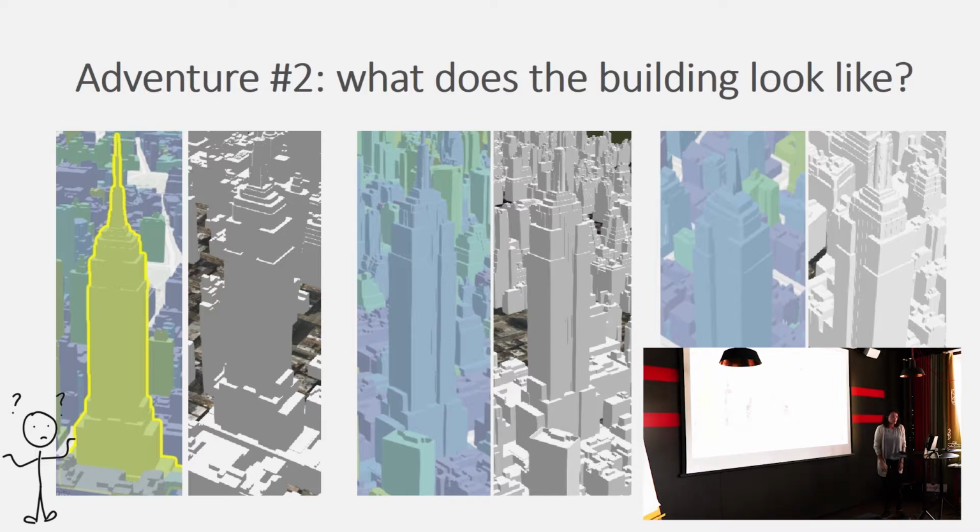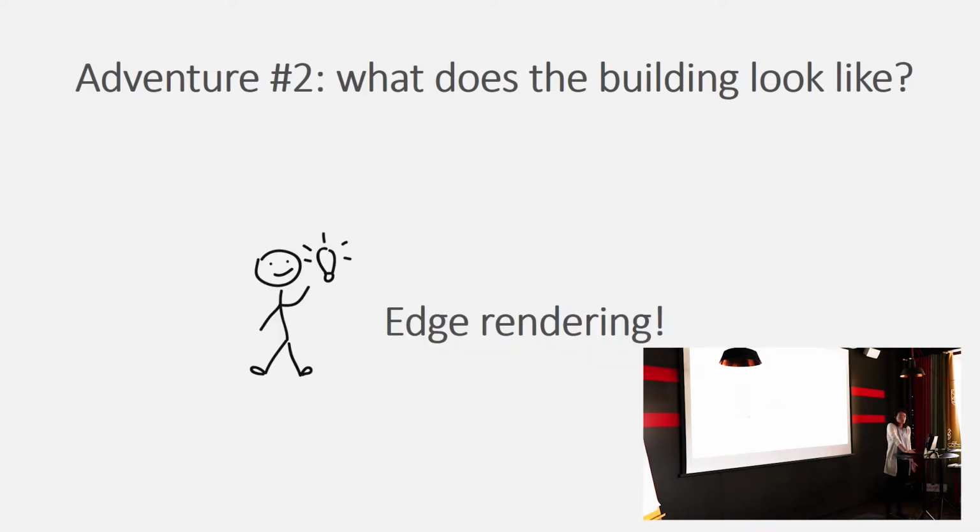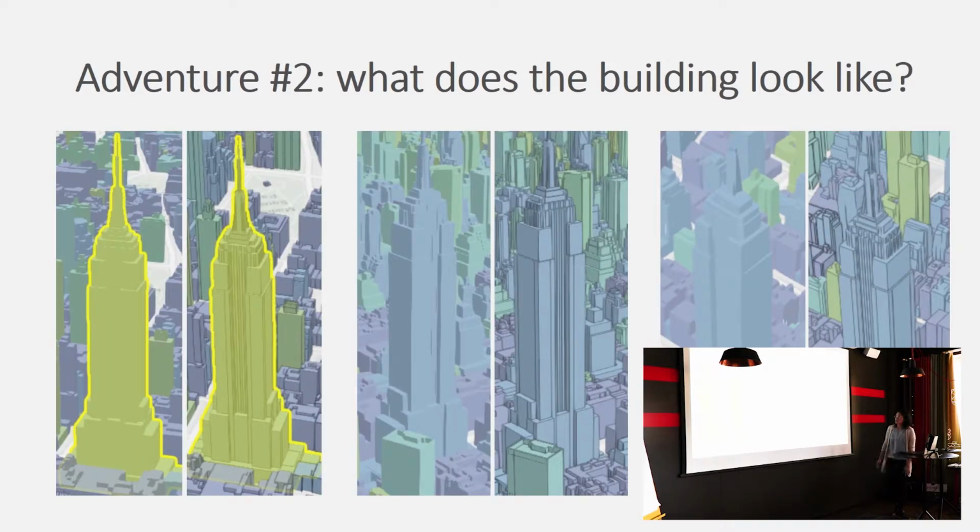So we thought, what can we do about this? What if we render the edges? With edge rendering, even at the worst angle I could look at this building from, you still get the feeling of how the building looks, and you get all the details that you otherwise wouldn't see.